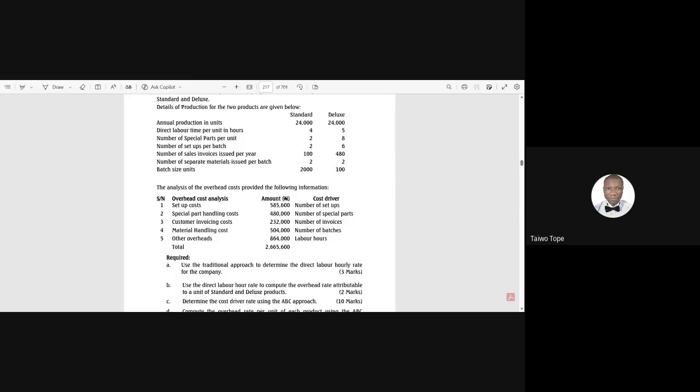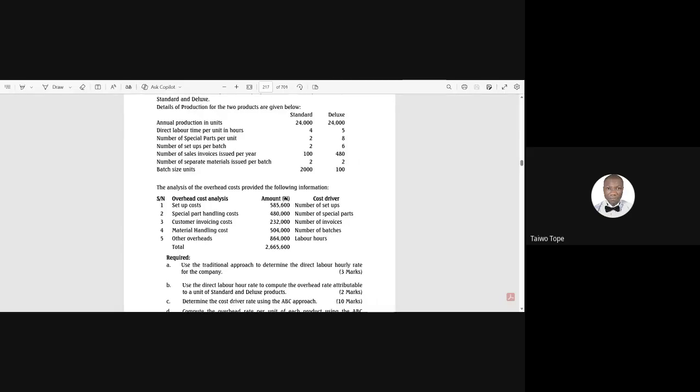But the total budgeted overhead is what? 2,665,600. So this is the budgeted overhead; this will be the numerator in that formula.